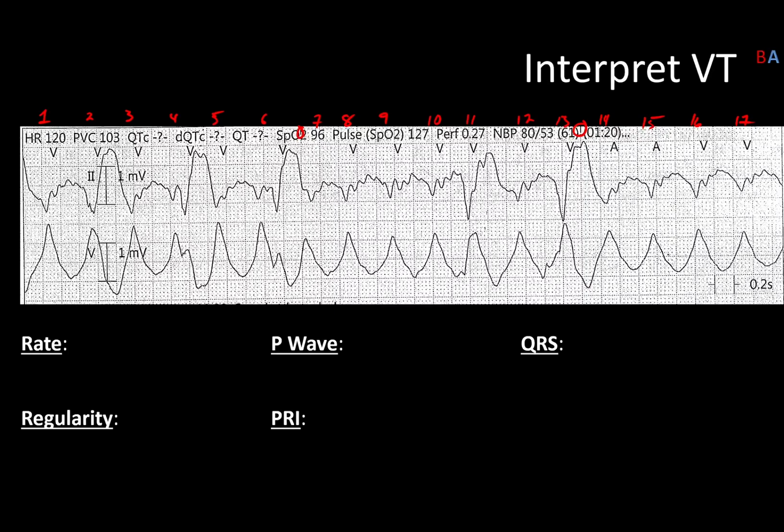This particular patient arrived to the ER with CPR in progress. So just to give you an idea, this patient presented with VTAC for all that we can tell. And we'll go through this just like we normally would, because we still have to try and prove it as best we can.